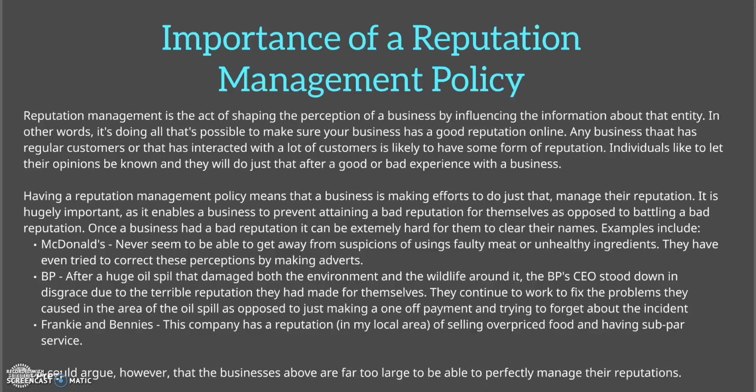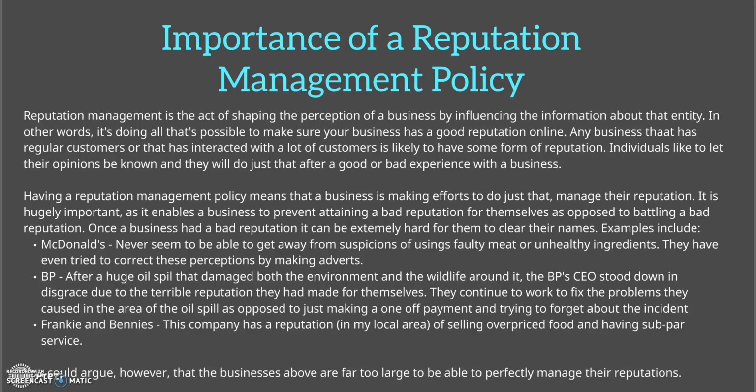So some examples of this include McDonald's, which is probably a really good example. They never seem to be able to get away from these suspicions that they use faulty meat, weird parts of animals, unhealthy ingredients, like artificially grown potatoes, that kind of thing.